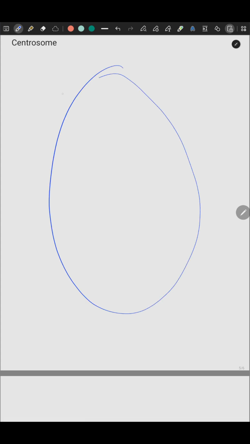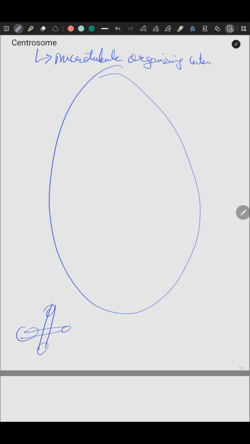Now moving on, the spindle microtubules begin to form at the centrosome in animal cells. We can also call this the microtubule organizing center. Each centrosome has a pair of centrioles.